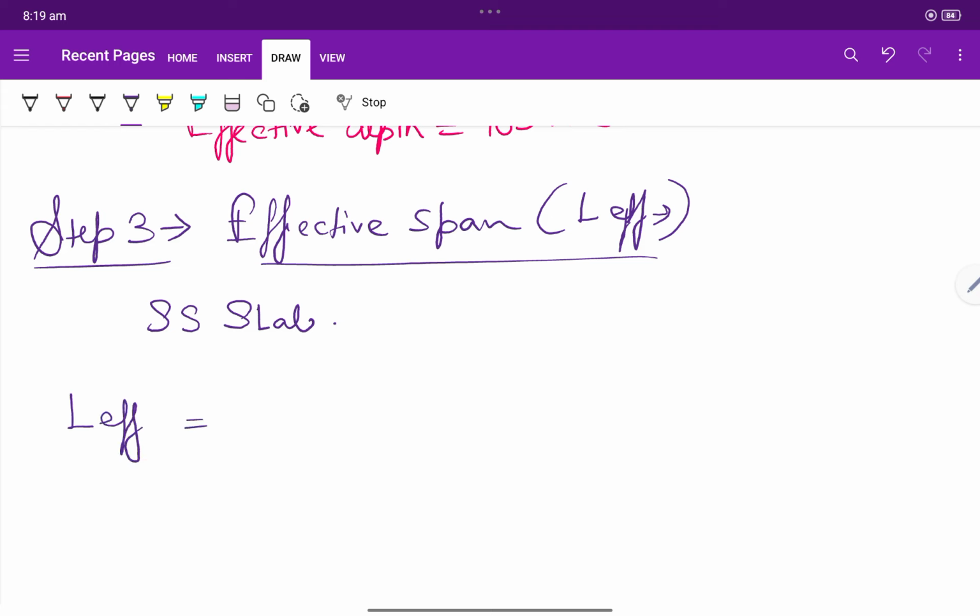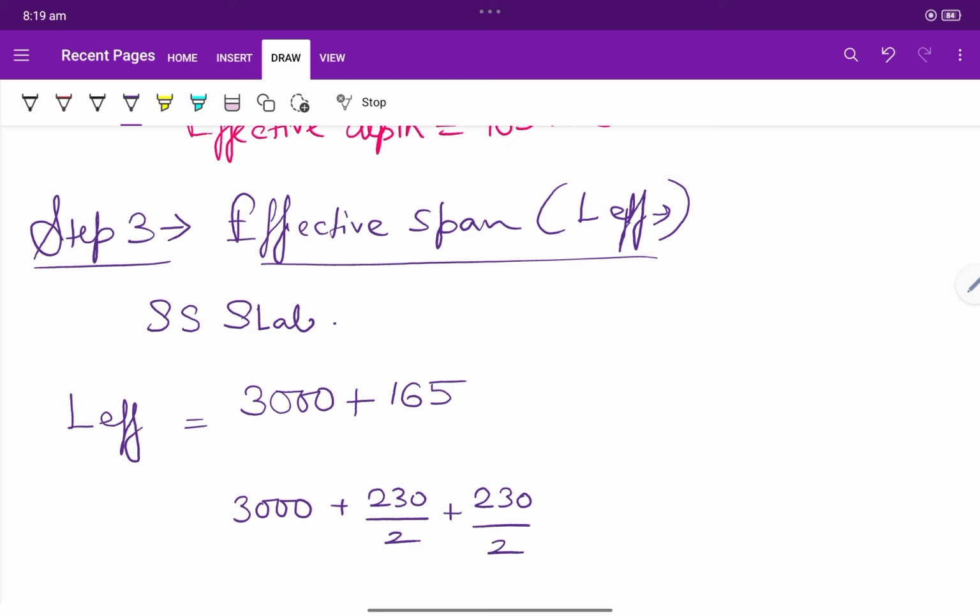L effective is equal to clear span, which is 3000, plus effective depth, which we got as 165, or another option is 3000 plus 230 half plus 230 half, the half of the width. In this case we are getting 3165, and in this case we are getting 3230.